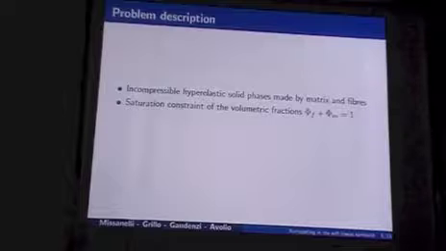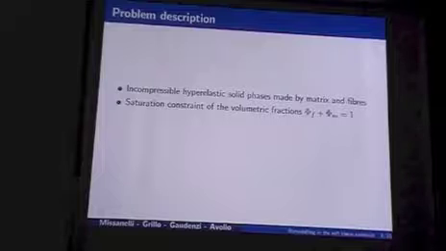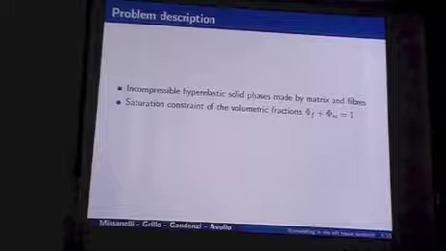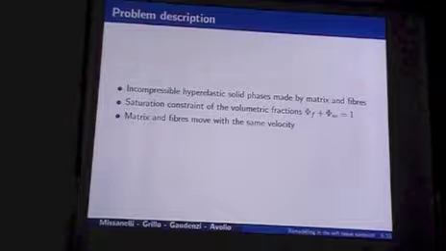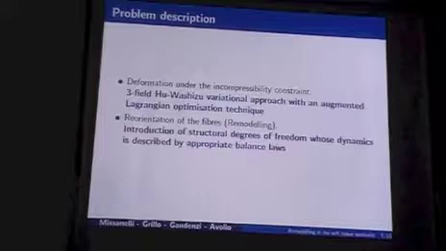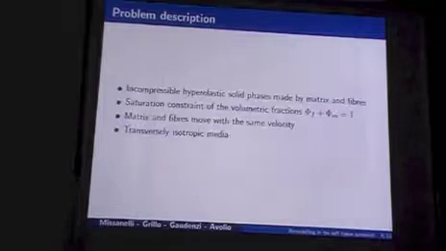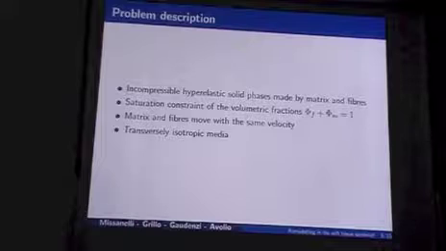We also have a constraint about the separation, so the volumetric fraction of fiber and the volumetric fraction of matrix has to be 1. We also assume that these phases have the same velocity. Also, we suppose that the media of the system have a transversally isotropic behavior.